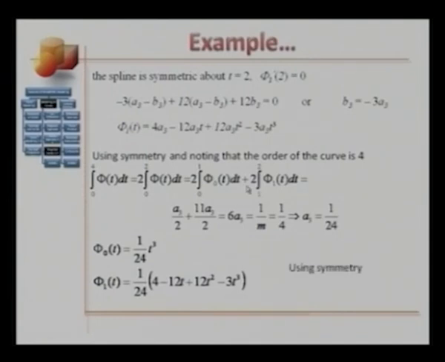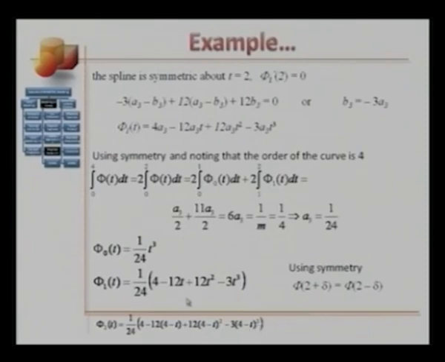We can use symmetry, and we can say that phi of 2 plus delta is the same as phi of 2 minus delta for any delta, which would give us phi 2 of t equals 1 over 24 times (4 minus 12 times (4 minus t) plus 12 times (4 minus t) squared minus 3 times (4 minus t) cubed).